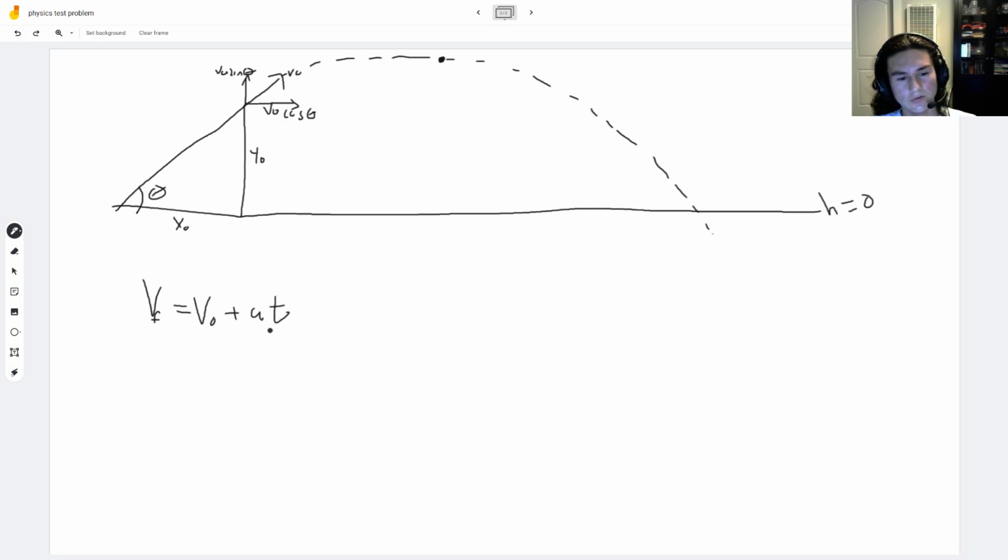So again, before I do that, I'm also going to set up our equation that'll help us find this final height.